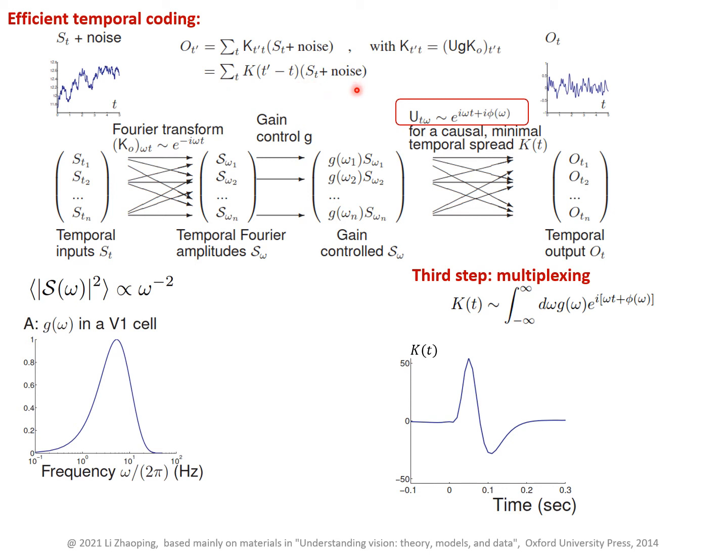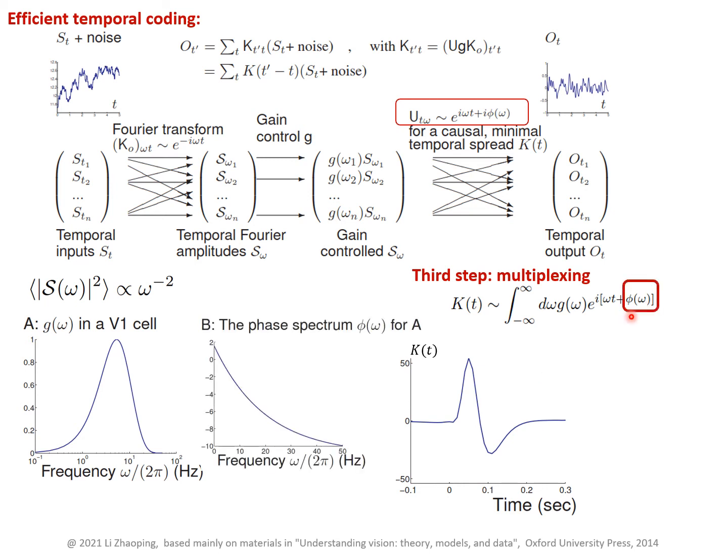To satisfy this requirement, for this filter, you require a particular phase for each Fourier frequency. And you should choose this phase to satisfy this requirement. And this choice of phase, for example, can be like this, phase as a function of frequency.